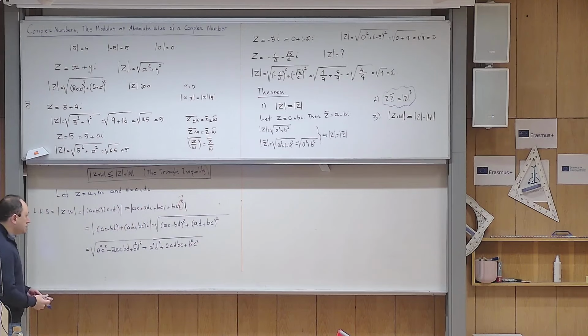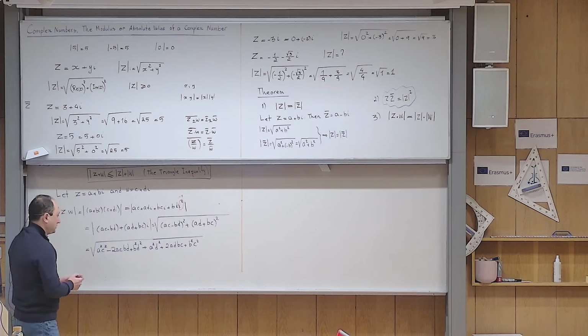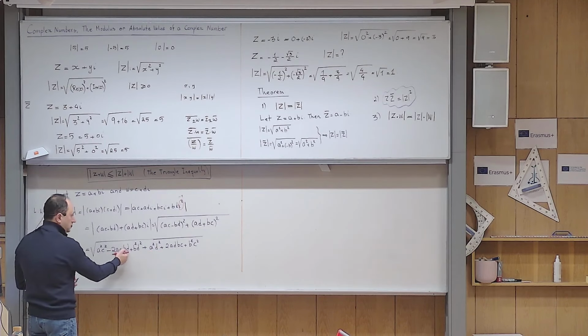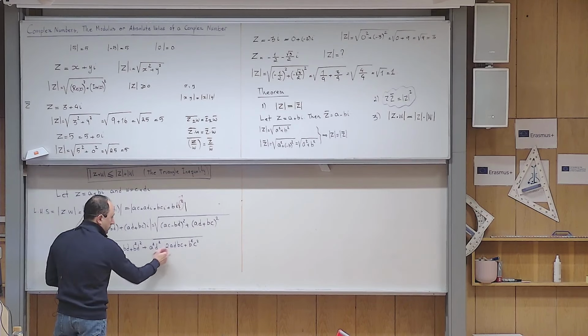Can I simplify something? Yes, 2abcd. This and that are the same, just written in a different order: acbd minus 2acbd plus 2acbd, so they cancel.